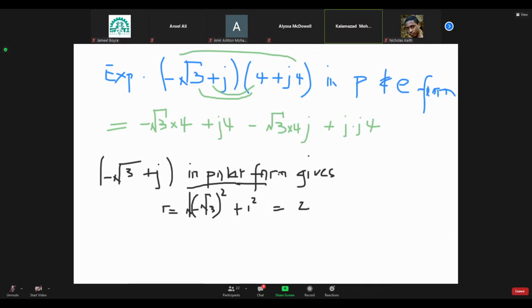You with me? The square root of 3 squared is 3, 3 and 1 is 4. Square root of 4 is 2, right?